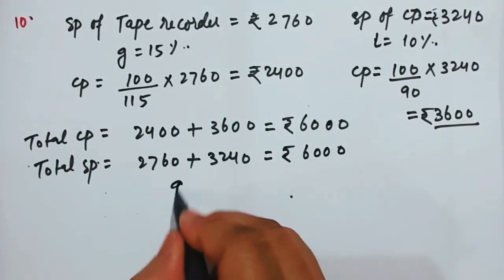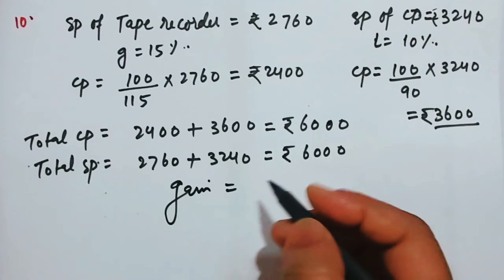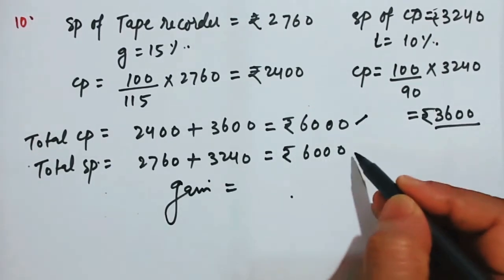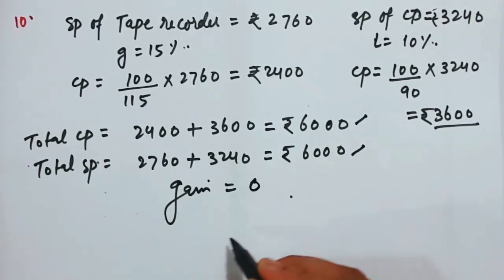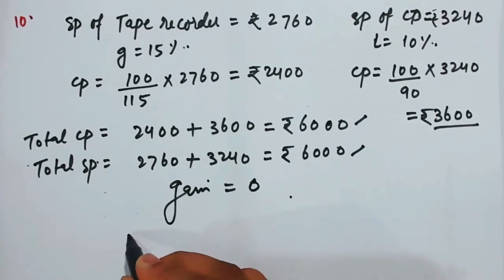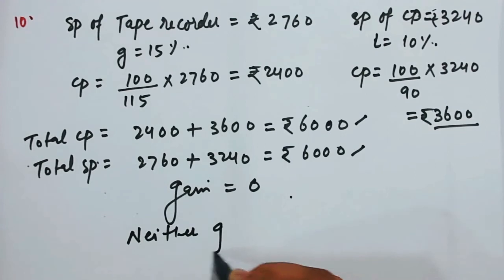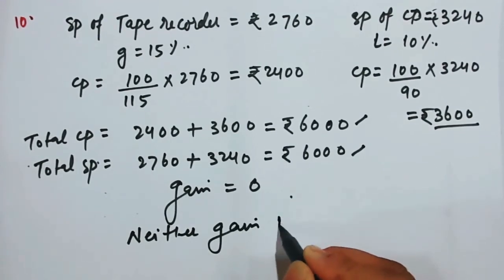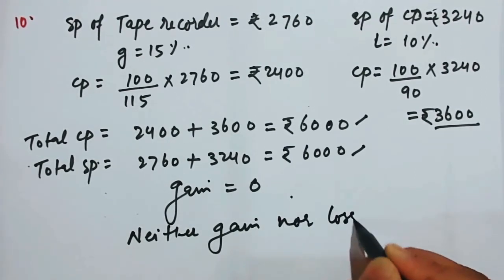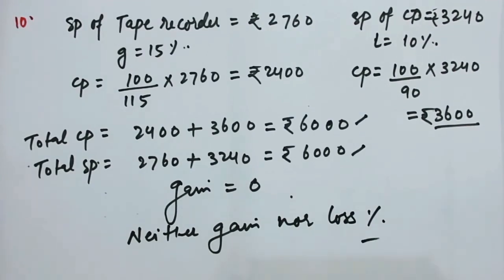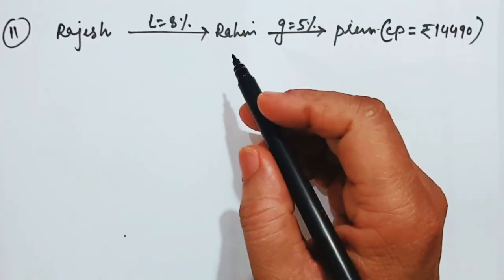So gain is equal to how much? I can see that cost price is the same, selling price is the same. So gain is equal to 0. So we can say neither gain nor loss percent. So there is no gain, no loss.